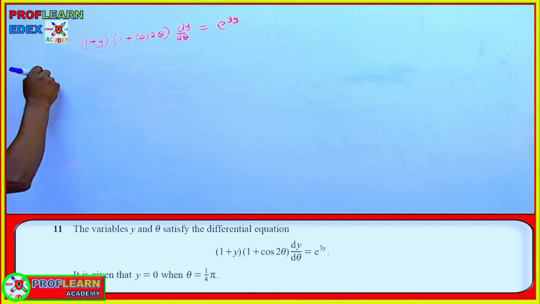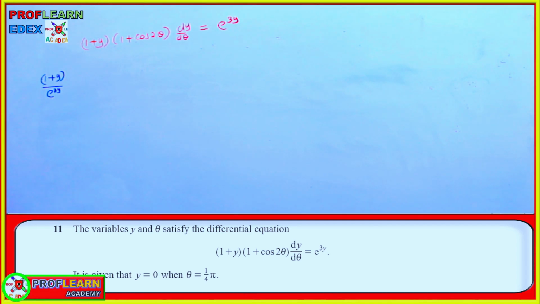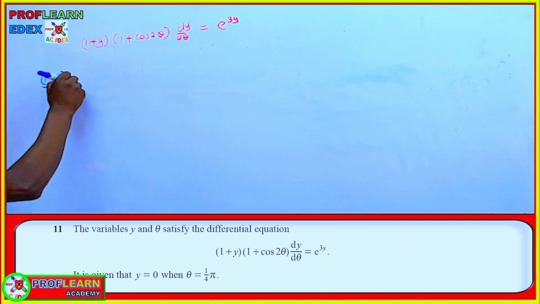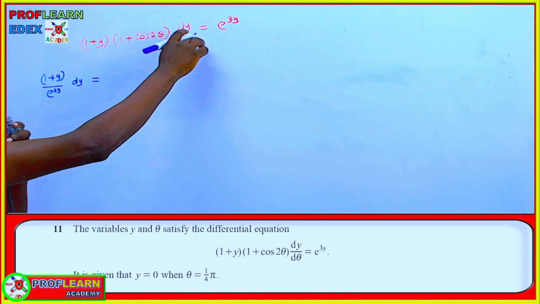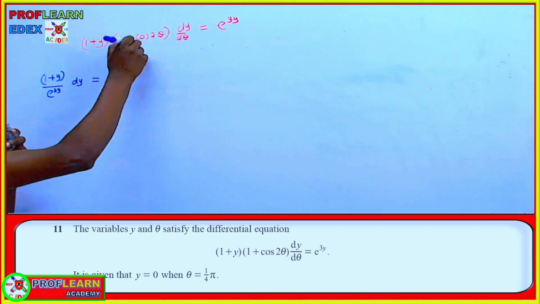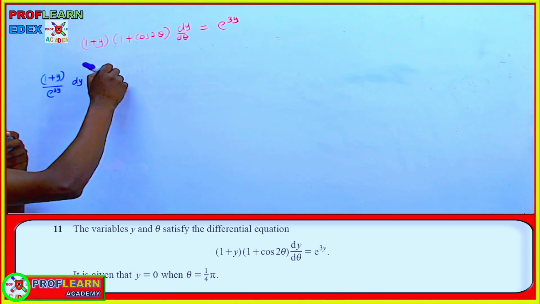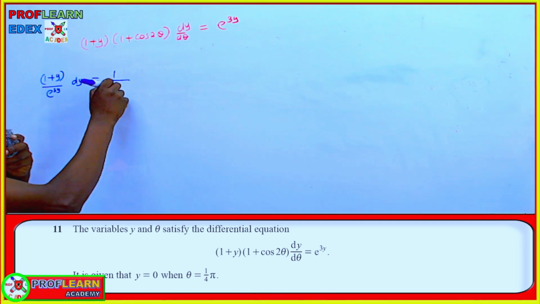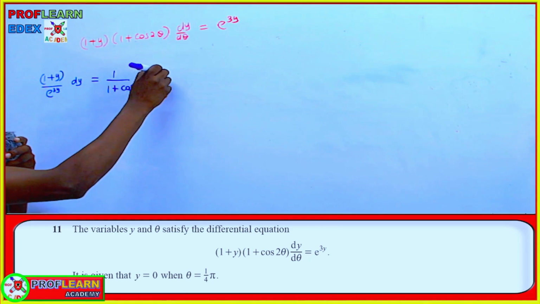So this becomes (1 plus y) over e to the 3y, and I believe you can see. Then dy is equal to, I'm going to multiply this d theta on the other side and divide by 1 plus cos 2 theta, and then we're going to have 1 over 1 plus cos 2 theta d theta.